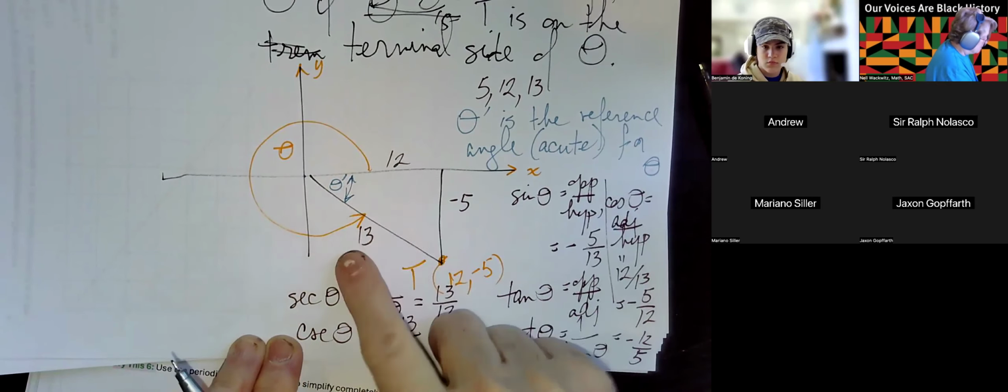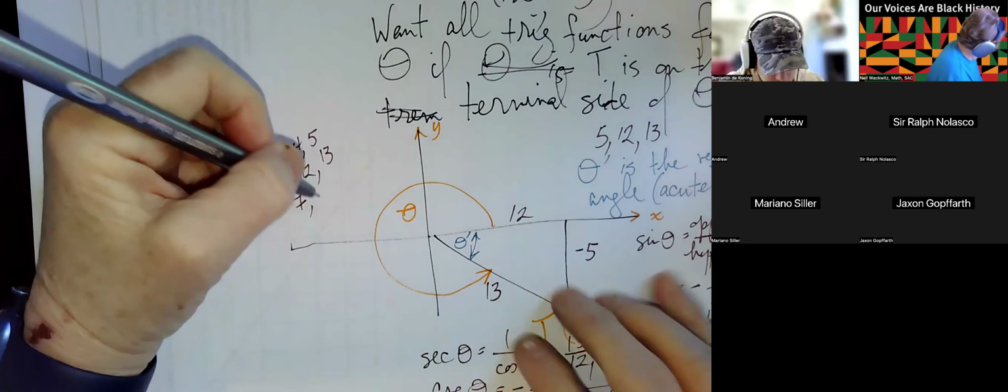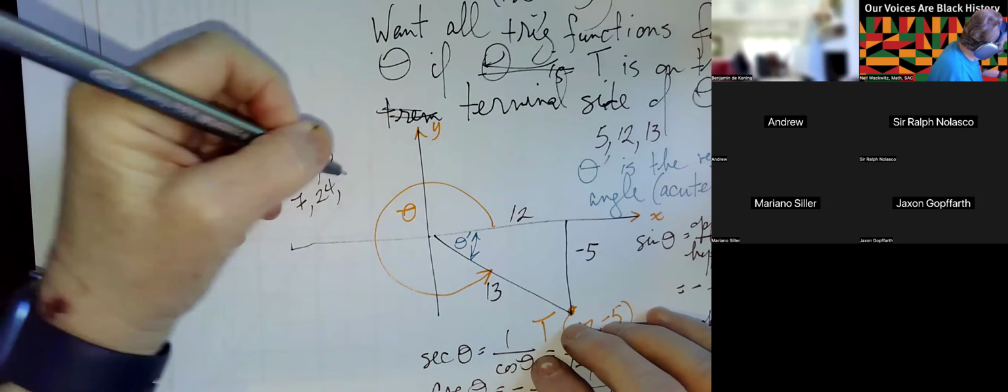But we know 3, 4, 5; 5, 12, 13; 7, what's the 7 one? 7, 24, 25. And 8, 15, 17.